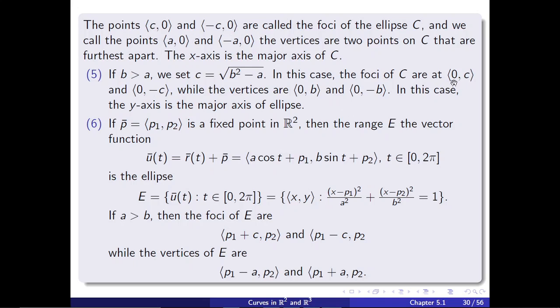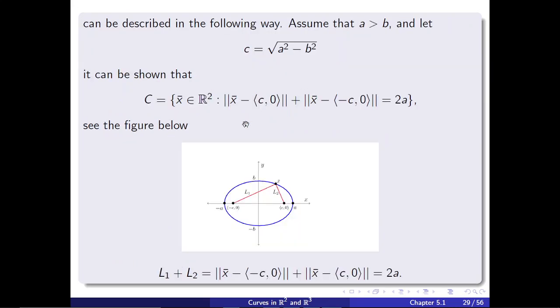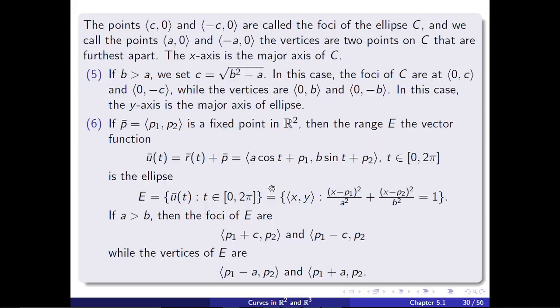So we reverse that and we get (0, c) and (0, -c), while the vertices are (0, b) and (0, -b). And in this case the y-axis will be the major axis, right?